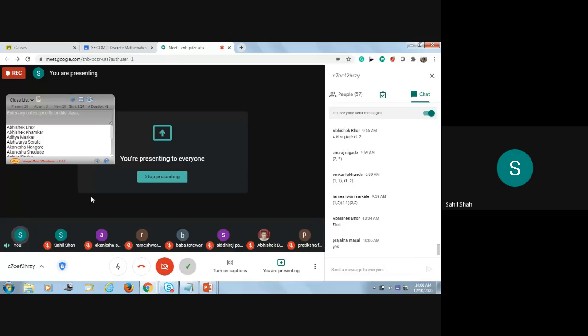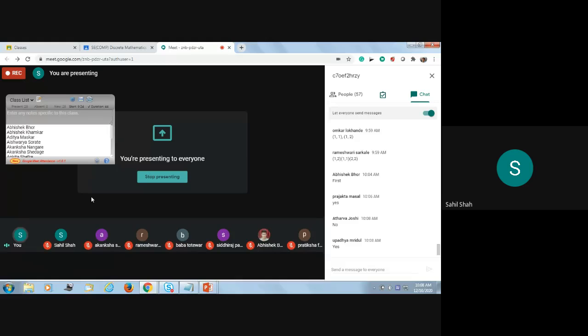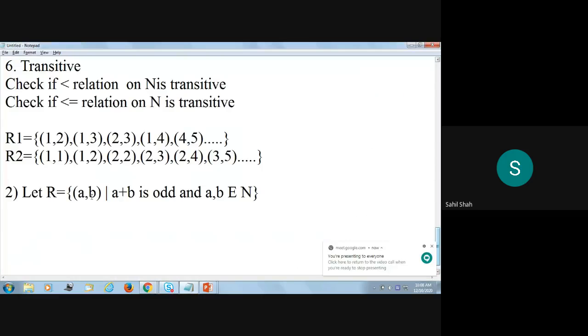Somebody has said yes. Is it transitive, Mrudul? You are saying it is transitive. I think this is not transitive. Let us cross check. What is R? A comma B such that A plus B is odd.